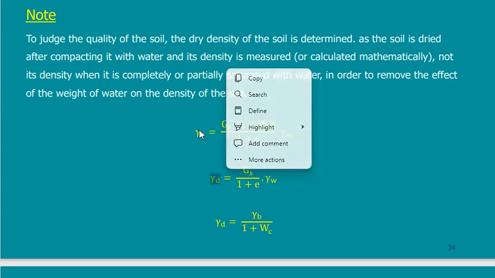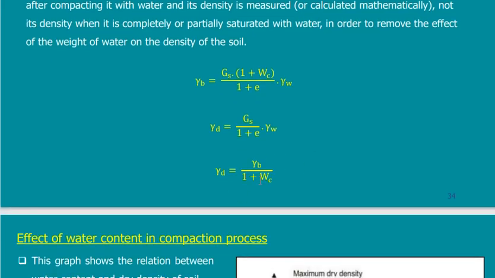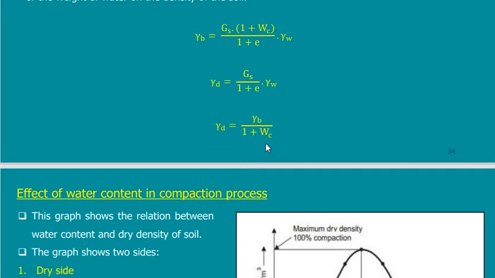If I can calculate gamma bulk and gamma dry, it means that I can calculate a lot. I can calculate the amount of water that I need to add so that I can reach the maximum, because when I compact something, the density of this something increases.